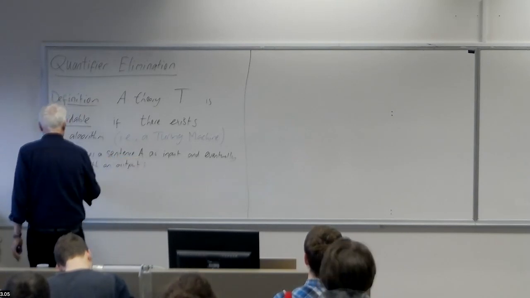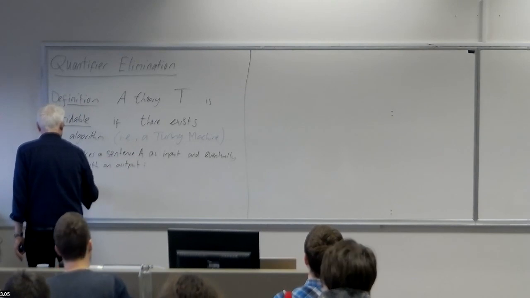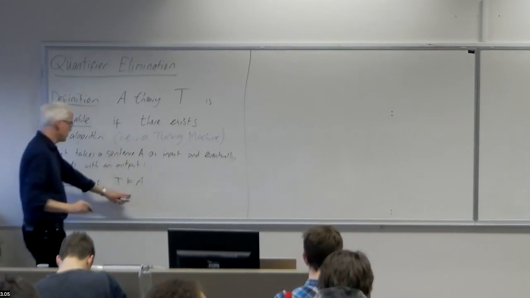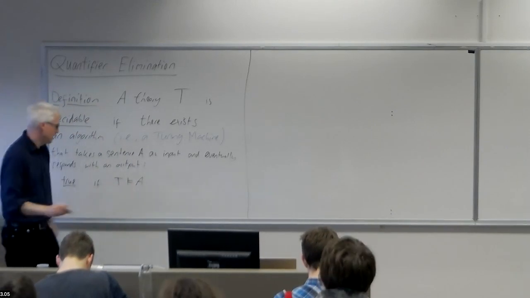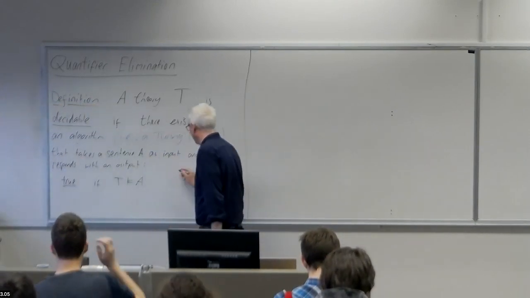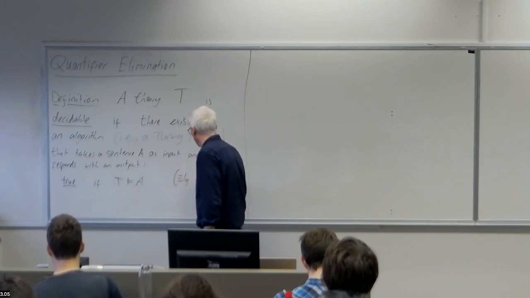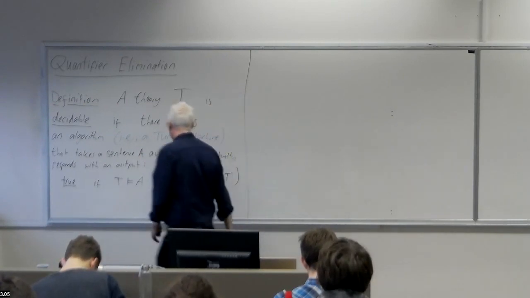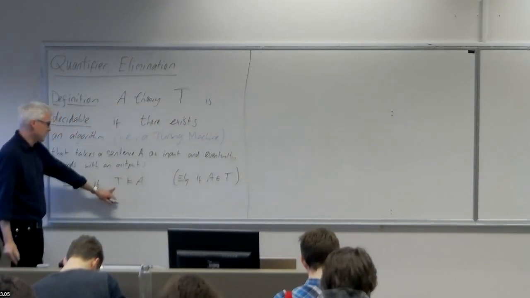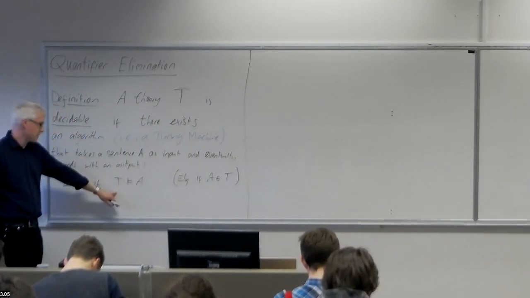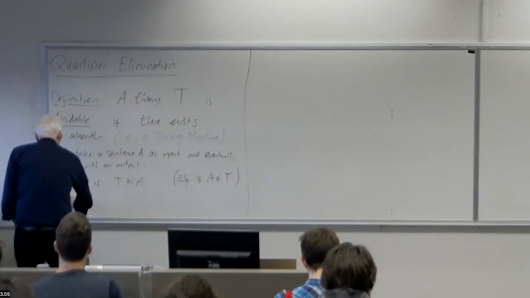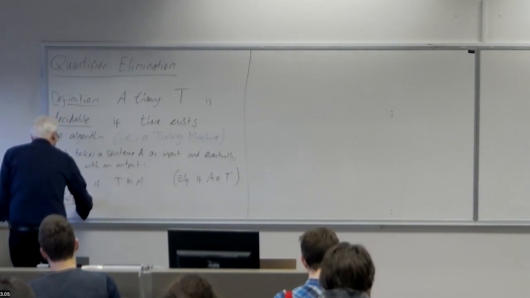So it's going to output true if A is a logical consequence of the theory, or equivalently, if A is a member of the set of sentences T, because remember that our definition of theory is a set of sentences closed under logical consequence, and it's going to respond false.